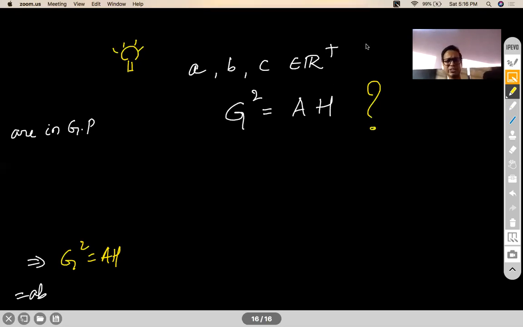What do you think? Yes? No? In certain cases, yes. For two numbers A and B, it will always be valid. But I'm asking for more than two numbers, will this relation be valid?